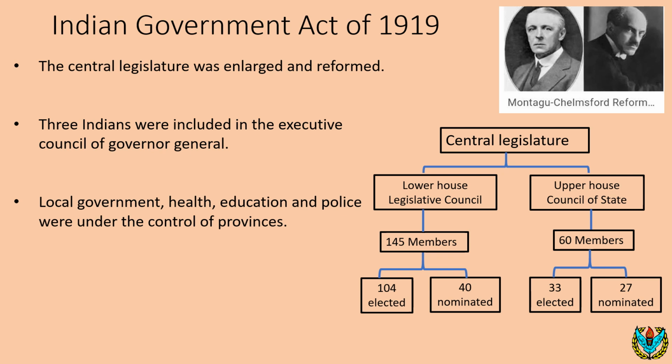Number 3, the affairs applicable to local government, health, education and police were under the control of the provinces. Number 4, there would be a direct election and extension of communal franchise to the Sikh community.